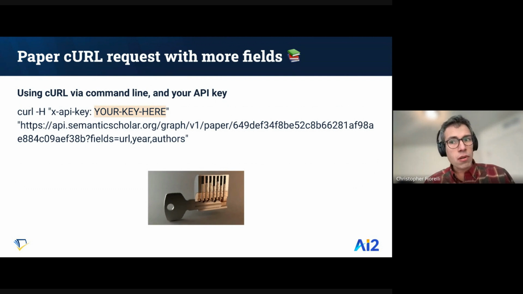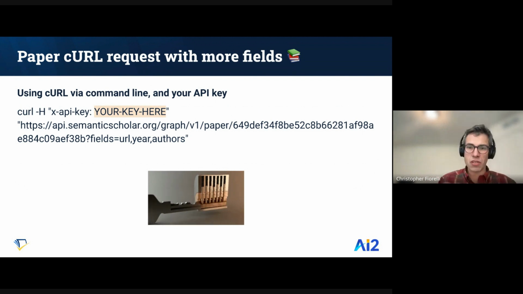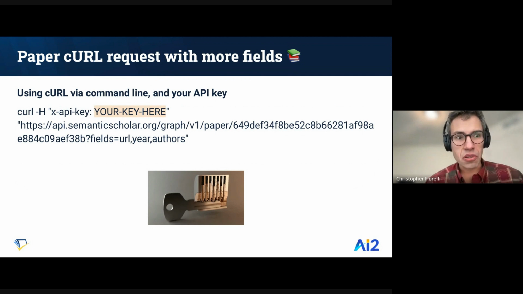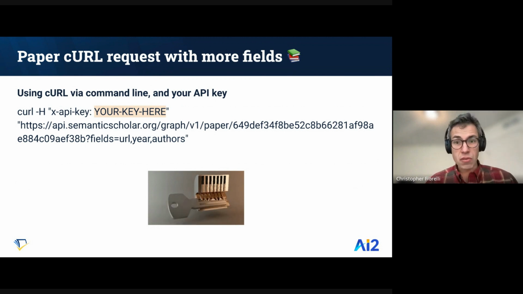Moving forward, what we just did was without a key and very basic. Here we're going to start using a tool called curl, which you can use in the command line. It should be available or already installed on Windows and Mac systems. This example will show you how to use a key.